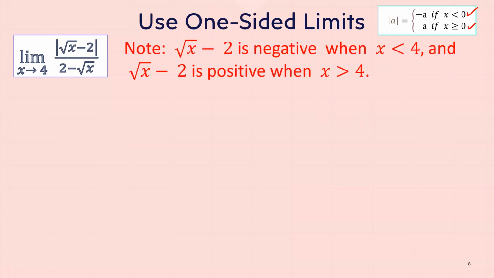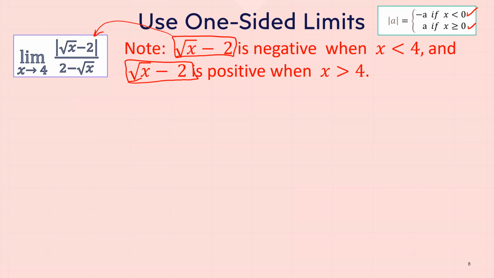How do we write that outside of absolute value? Well, we would note that the square root of x minus 2 is negative when x is less than 4. But when x is greater than 4, the thing that is inside the absolute value is positive.